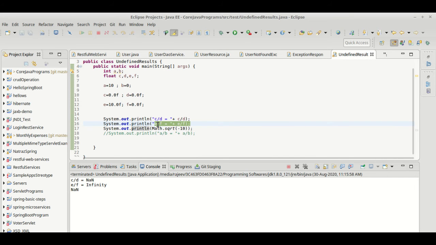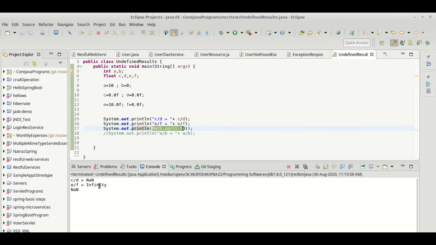So representing infinity in decimal form is possible in Java, but for integral values it is not possible, so we get an arithmetic exception. For decimal values we get infinity.